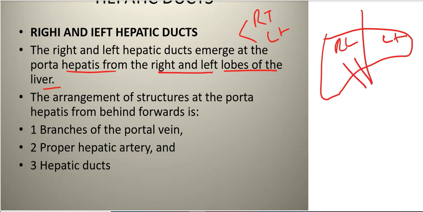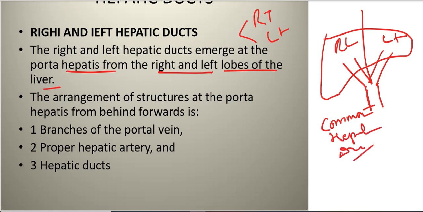This is the right hepatic duct and this is the left hepatic duct. Then they unite to form the common hepatic duct. The right hepatic duct corresponds to the right lobe and the left hepatic duct corresponds to the left lobe.